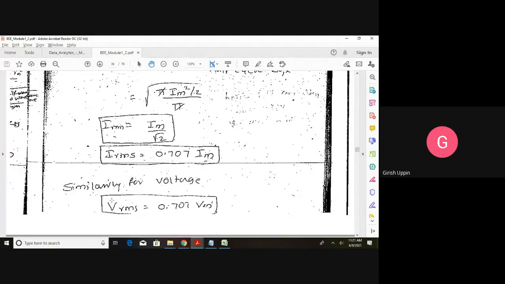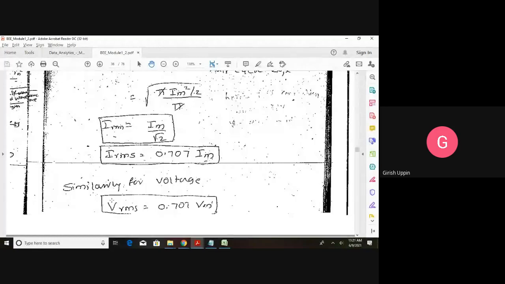Now, as I told you, almost all electrical representations are in the RMS form. Whatever equipment you see inside your house, the voltage written on it is the RMS value. We know that your household connection is, let us say, 230 volts.